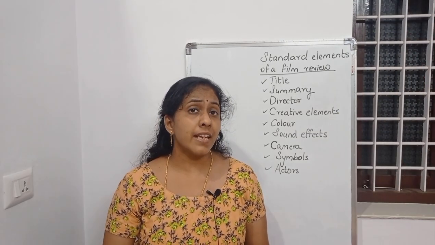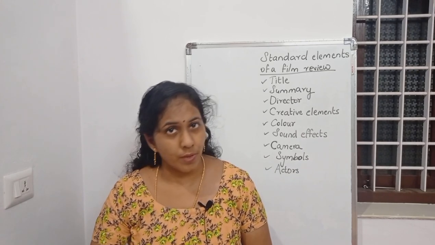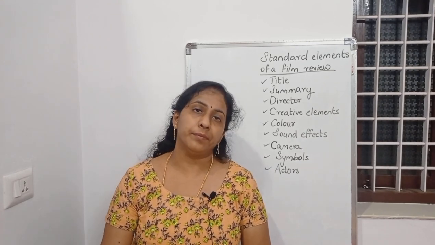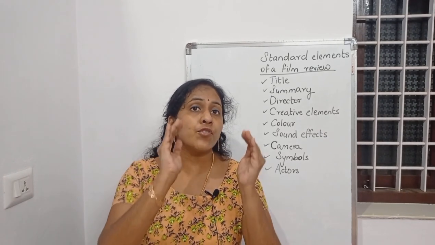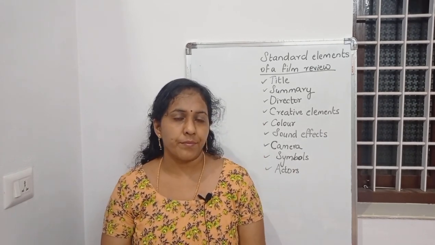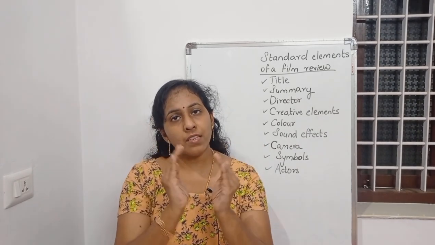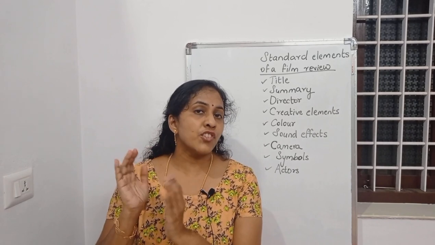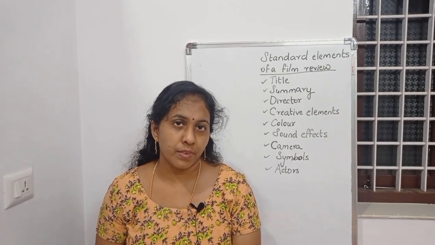Some standard elements in a film review. First one, the title of the film, and you should give the title of the film in the introductory paragraph. Second is summary. You should summarize the movie for those people who haven't watched the movie yet.